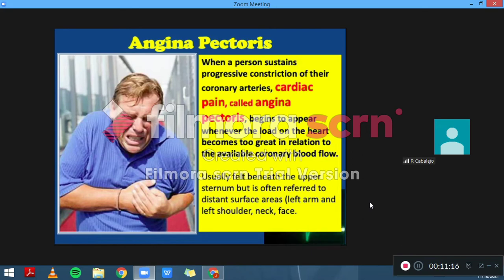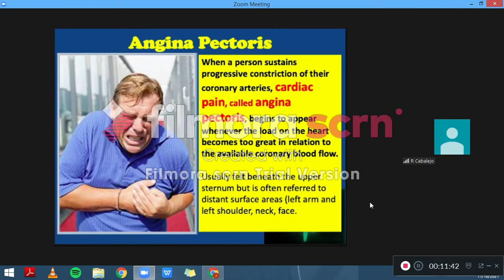So it's very important that you, later on as clinicians, determine if your patient's chest pain is really angina pectoris or just chest pain originating from outside your myocardium. The main cause of angina pectoris is an oxygen supply and demand mismatch.